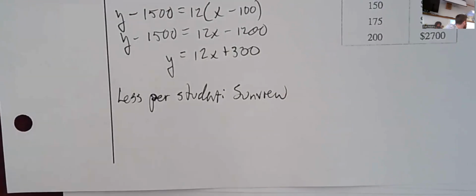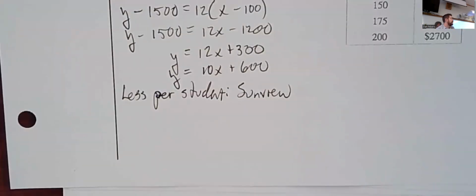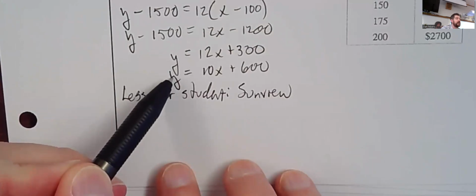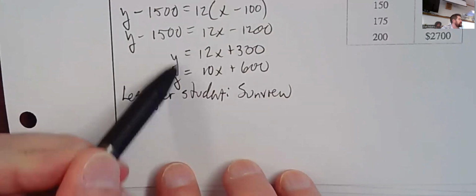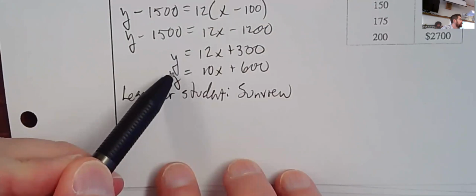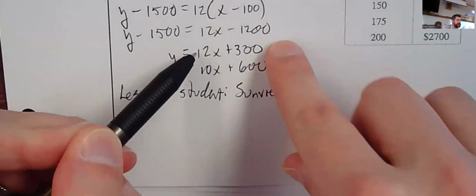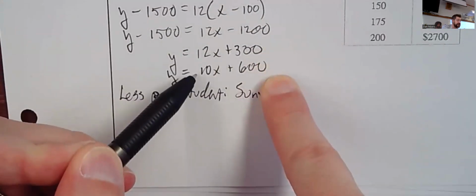So let me ask you this, between X and Y, which one is cost? Y is cost, right? So I'm going to write Sunview right underneath here, 10X plus 600. This Y and that Y, they both represent cost, don't they? That means they're representing the same number, which means that if the costs were going to be equal, that means that 12x plus 300 would be equal to 10x plus 600, right?